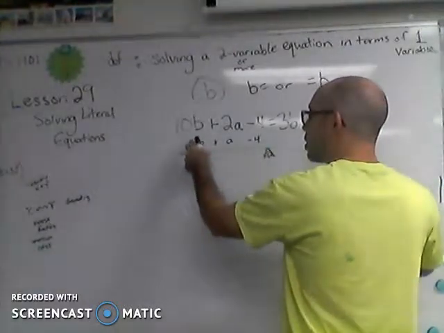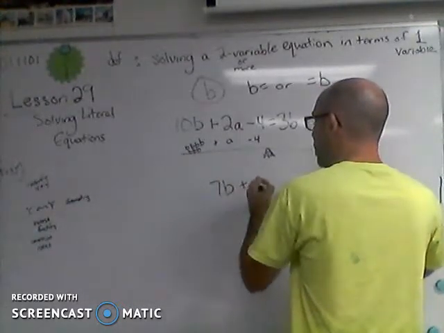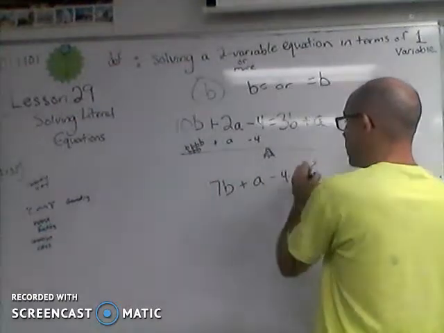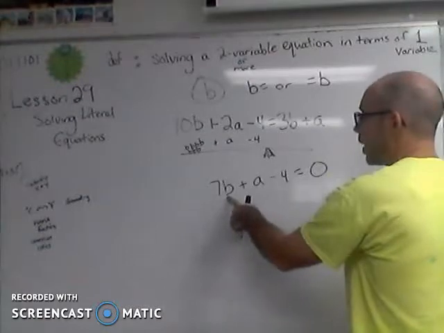That leaves me with 7 B's and an A minus 4, and there's nothing left on that side. My goal, though, is to have B all by itself.